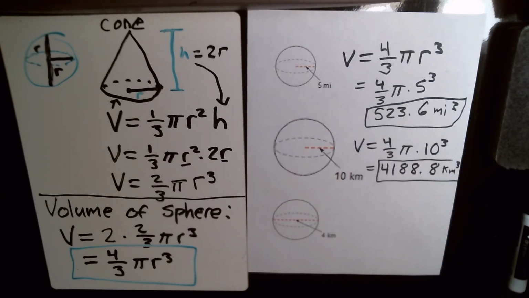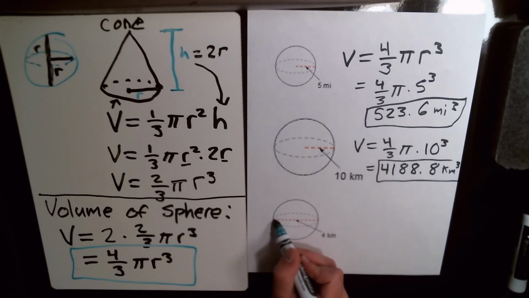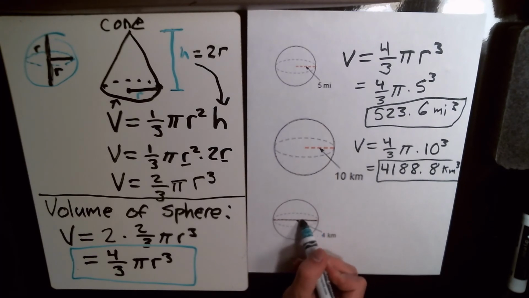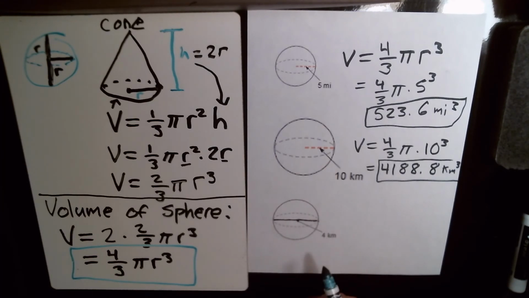Okay. Lastly is the sphere, and you'll notice it's telling me 4 is how long this whole thing is across. Now, is that the radius of the sphere? No, the radius goes from the center, so this part here, that's the radius, okay?